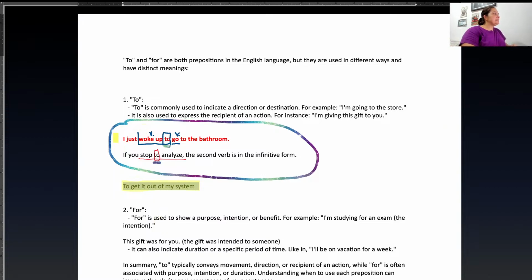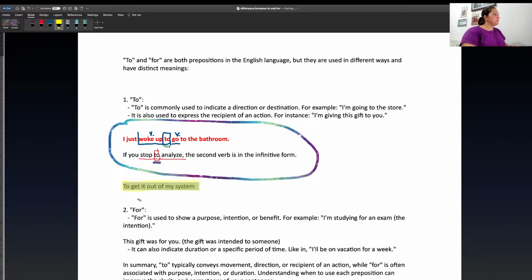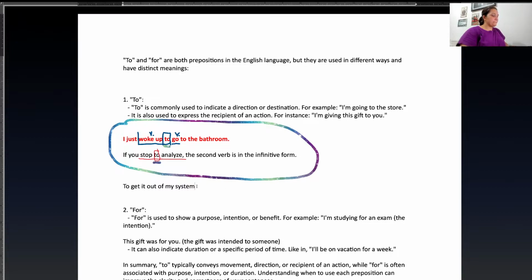Here's another example. Susan is talking to her mother about going away this weekend.